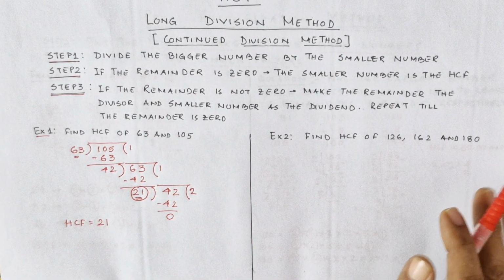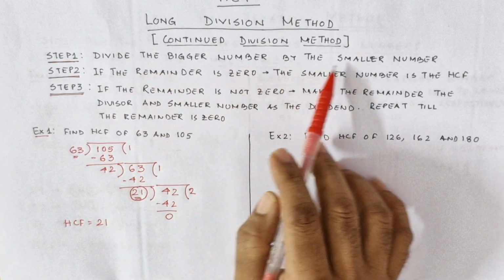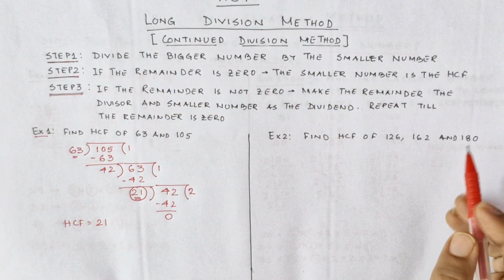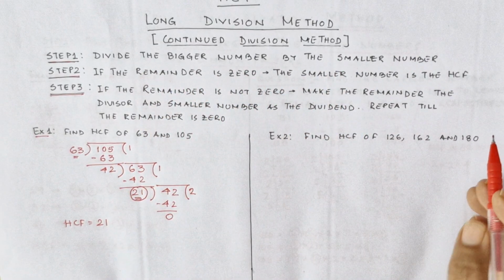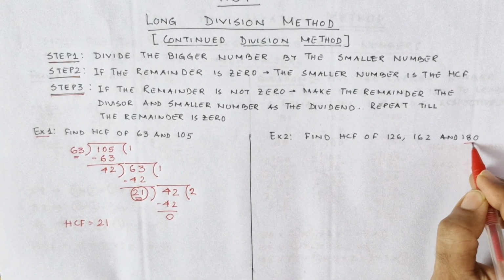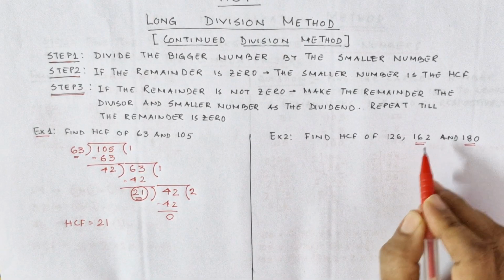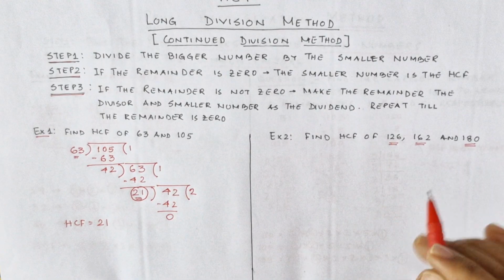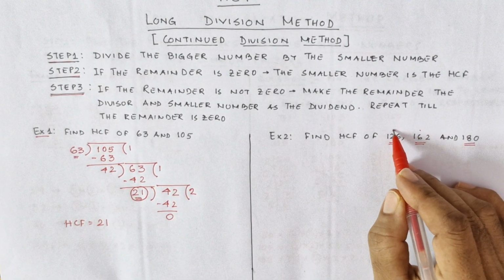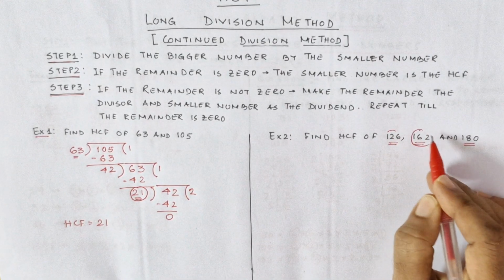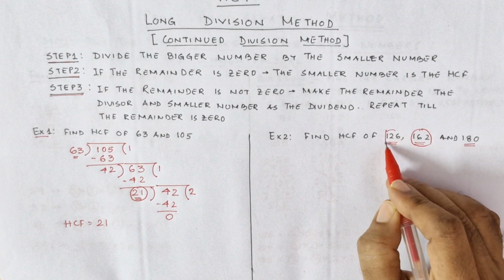This is the largest number out of the three, this is smaller than the largest, and this is the smallest. So we'll divide the middle number by the smallest number.